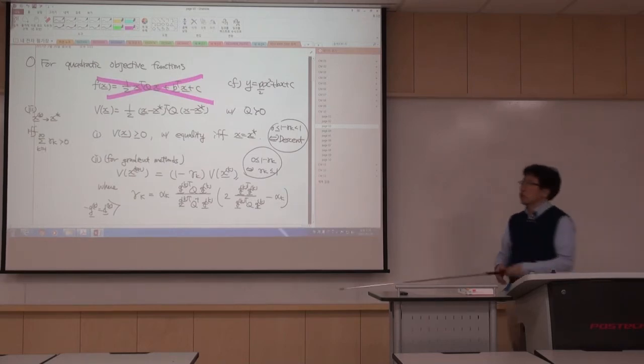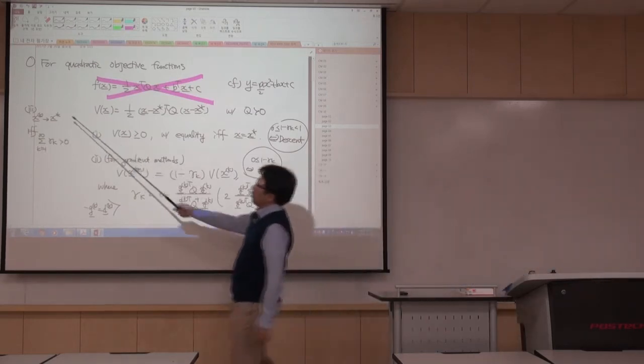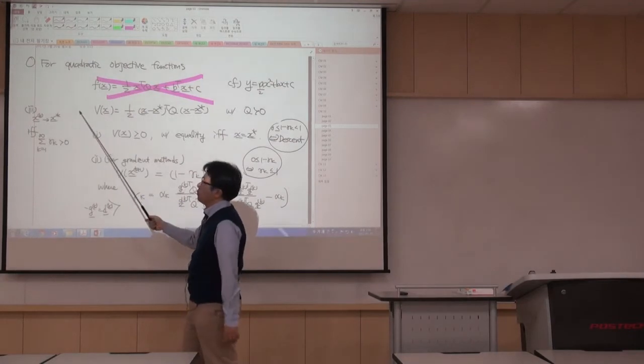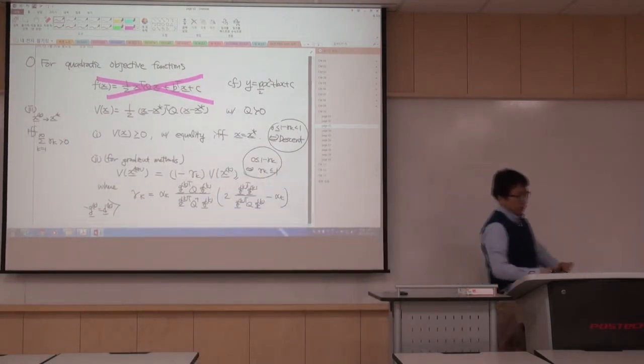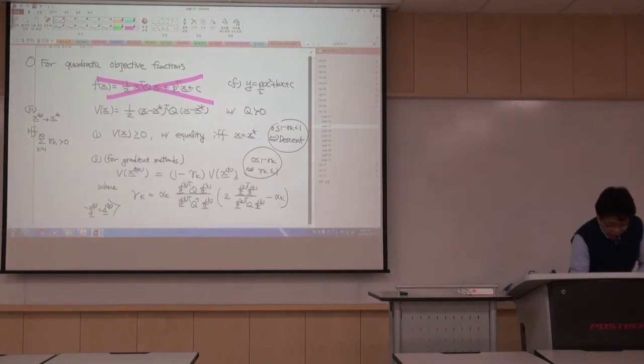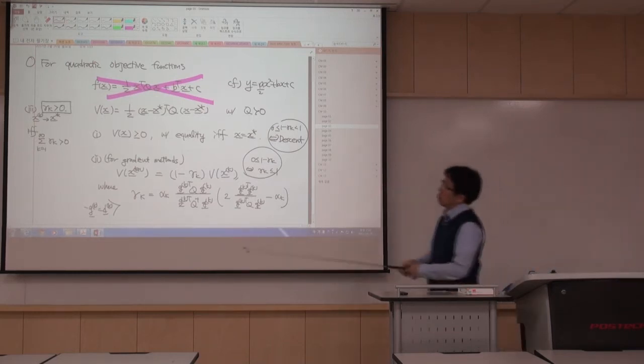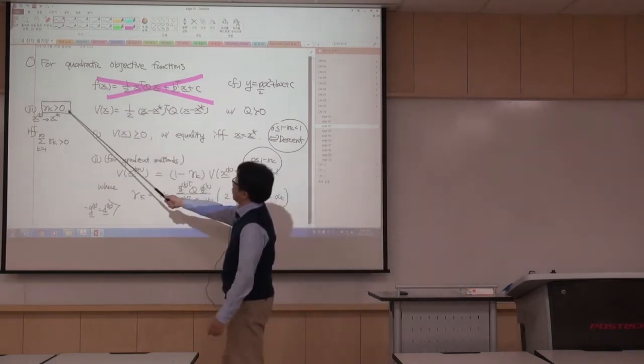But actually, here we need to have some constraint. This is only true when every gamma sub k is positive. So this is not for the general case. For example, what does this mean?